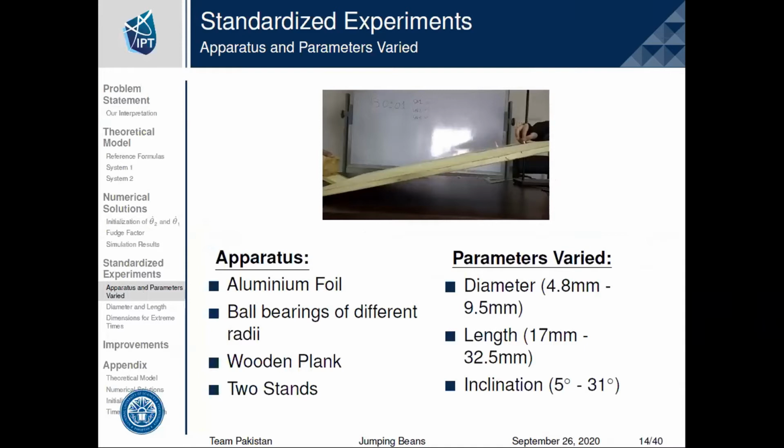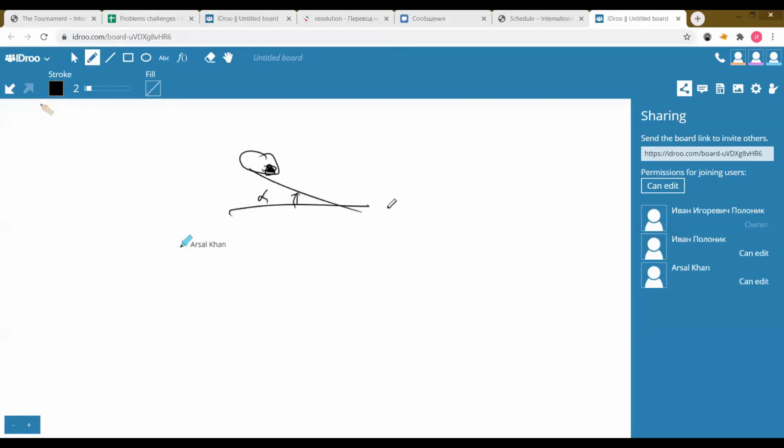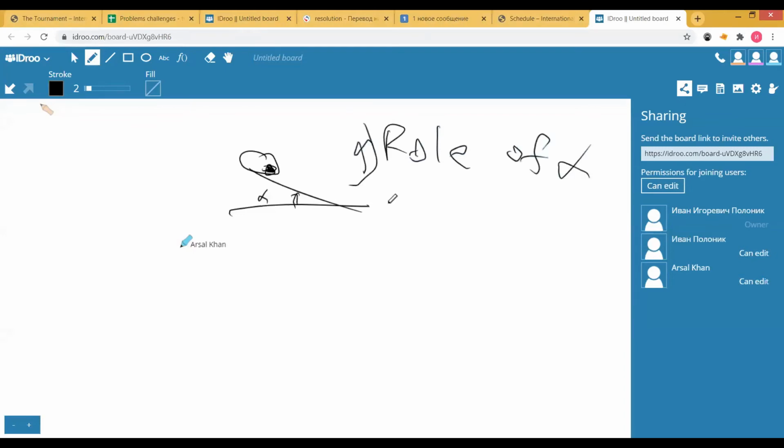Since our camera was 30 fps, our experimental error, the human factor, comes out to be 0.03 per reading.